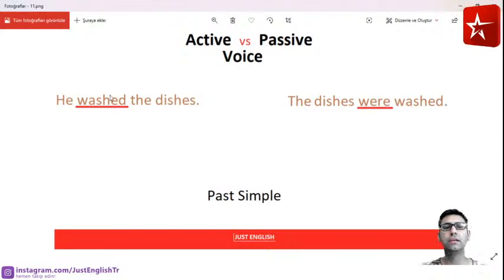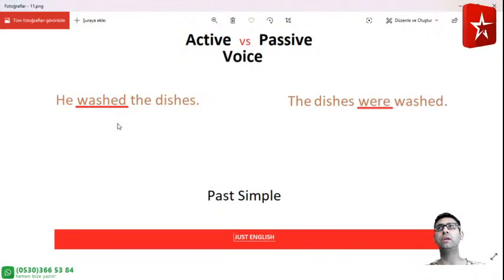And here, as you can see, this is past simple. And this is how we define, how we set the tense in our sentence. This is past simple, so we set the tense by using the verb in our sentence, right? So wash, washed. This is how I do the past simple, all right?